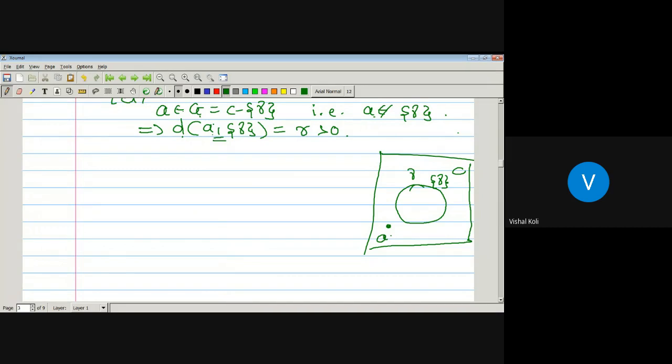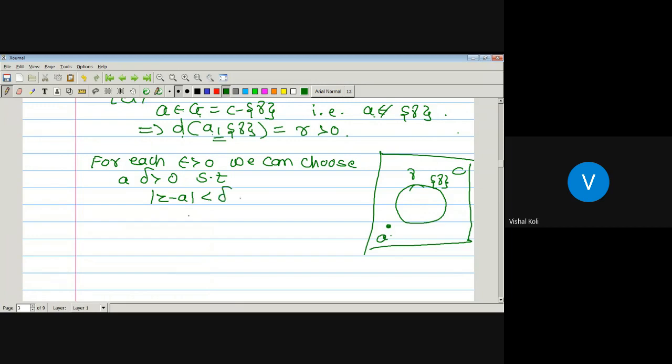Okay, so for each epsilon greater than 0, we can choose a delta greater than 0 such that modulus of Z minus A is less than delta.